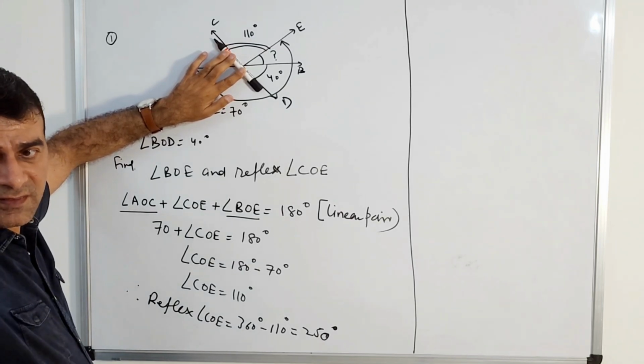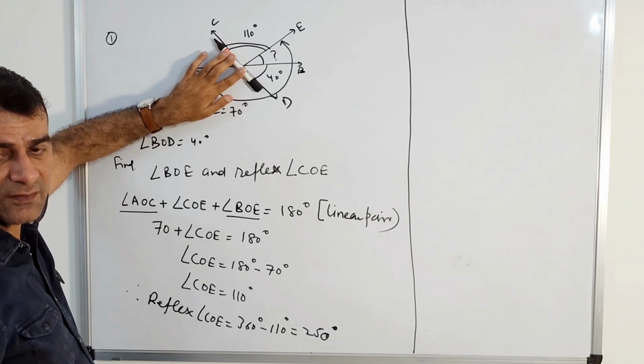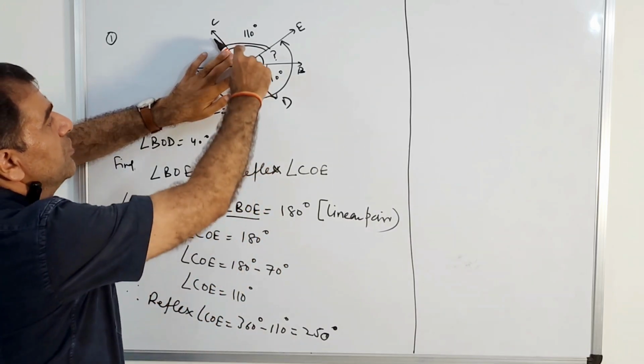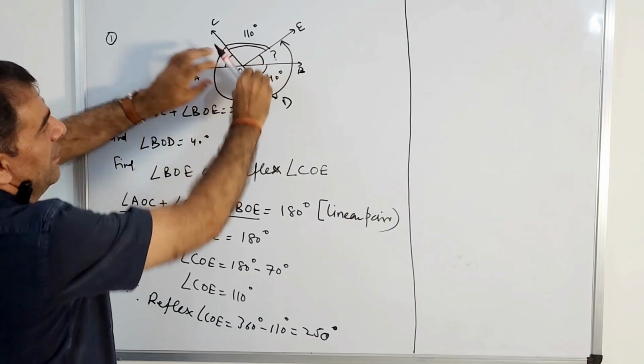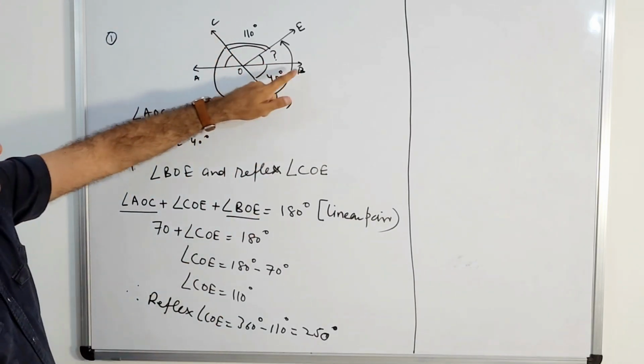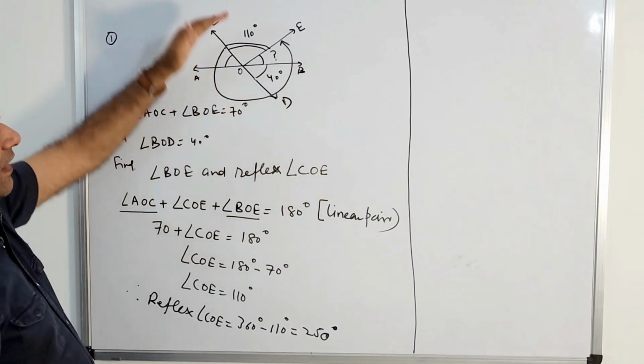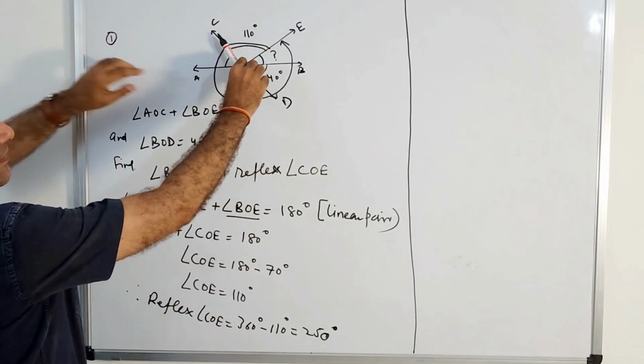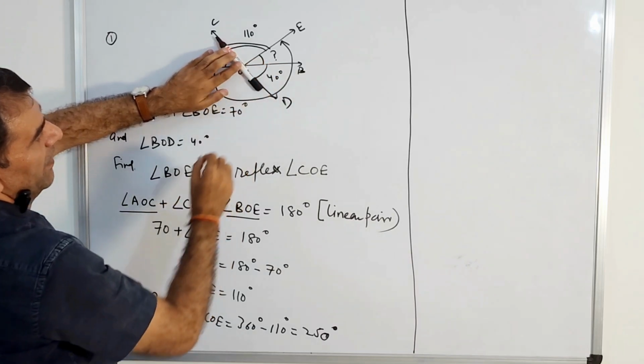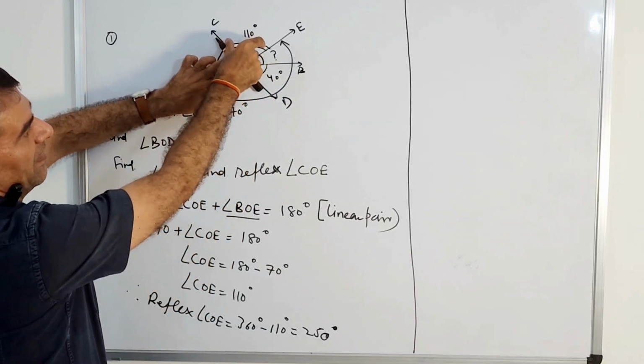You can sit there so that you can see it very clearly. This is a line, and you took this angle plus this angle plus this angle as a linear pair. And if this is the line where I have put my pen, then what will be the linear pair angle?